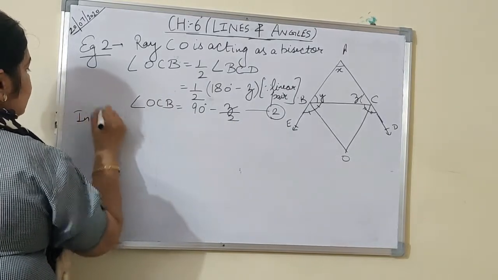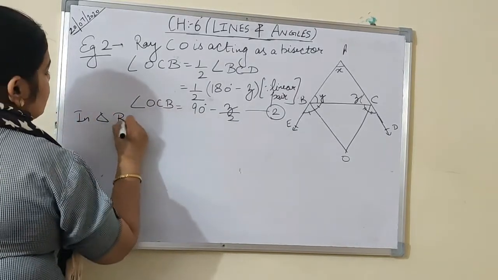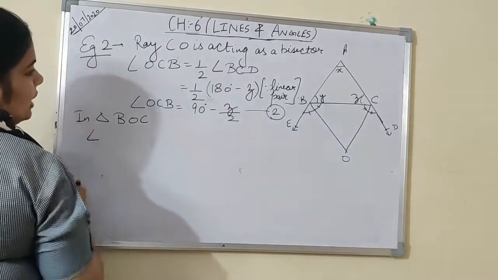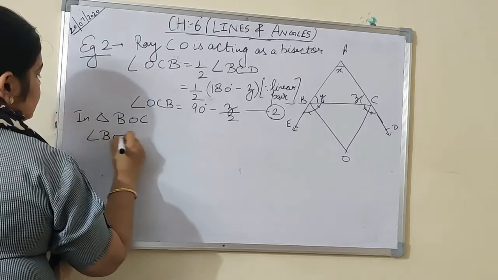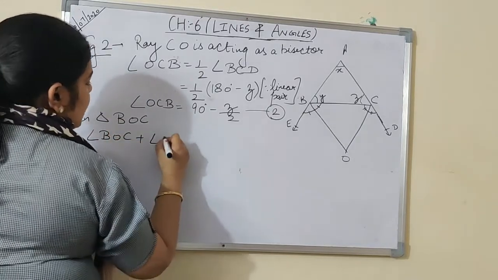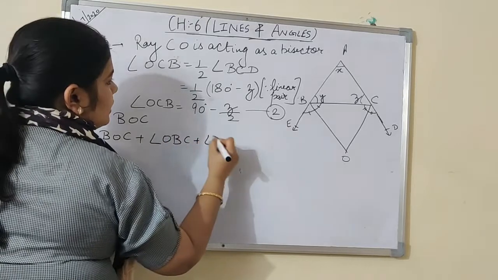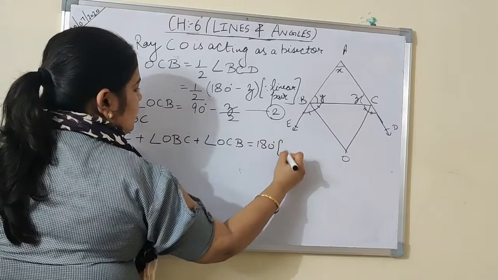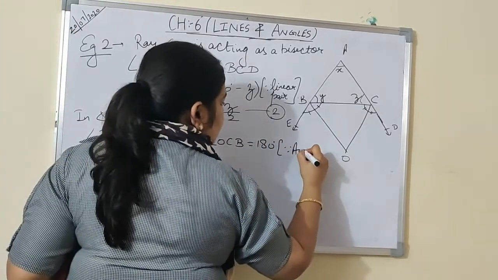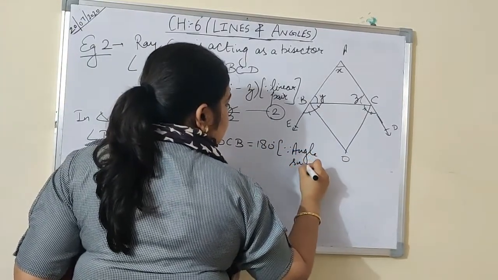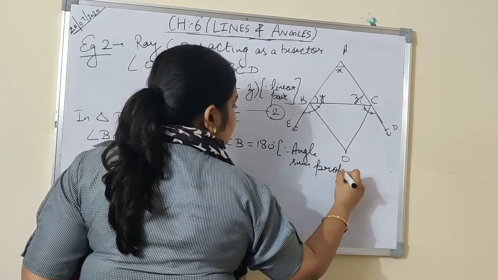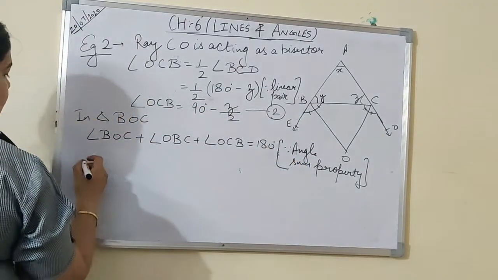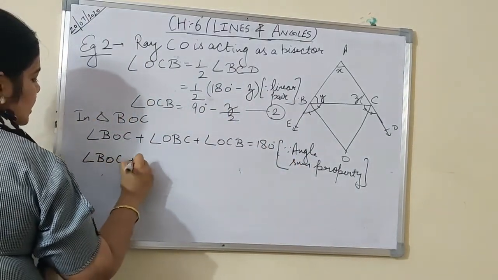Now I am going in triangle BOC. If we go in triangle BOC, we can apply the angle sum property again. It says that angle BOC plus angle OBC plus angle OCB is equal to 180 degree because of angle sum property. Then in the next step we can write angle BOC as it is.